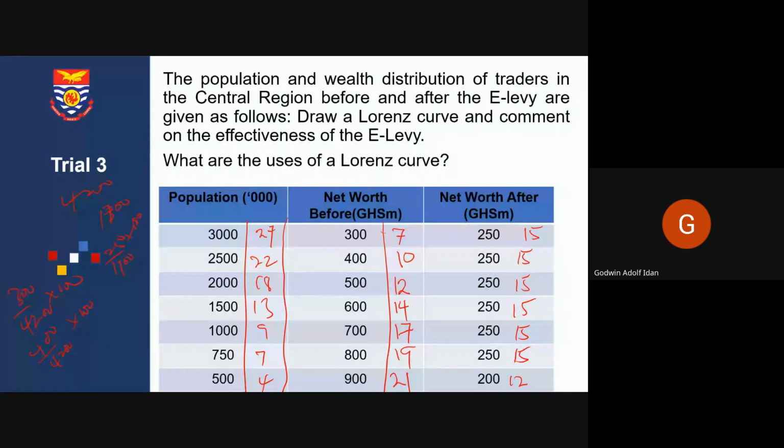What do we get? 14.7, therefore 15. Oh, okay. So that is what is causing it, the decimals. And then the 200 will be 12.